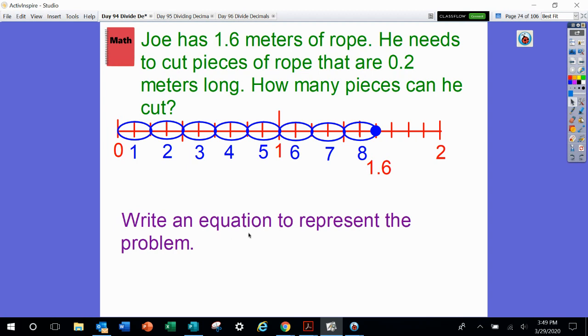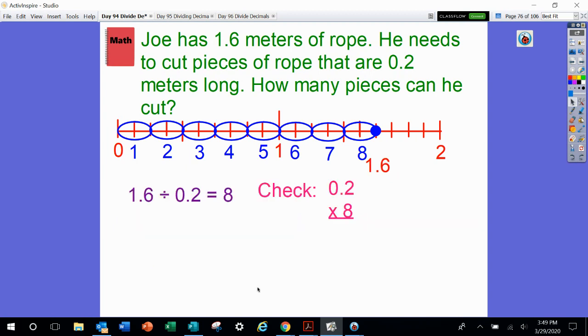Okay, write an equation to represent the problem. So we took this and we cut it or split it up. So that right there is division. We split it up into this amount. So we were looking for how many groups we were able to make. So 1 6/10 divided by 2/10 is equal to 8.